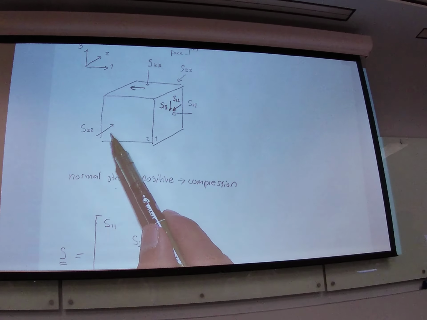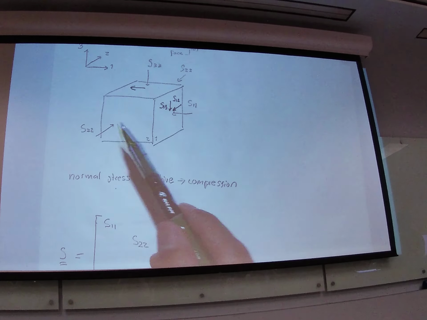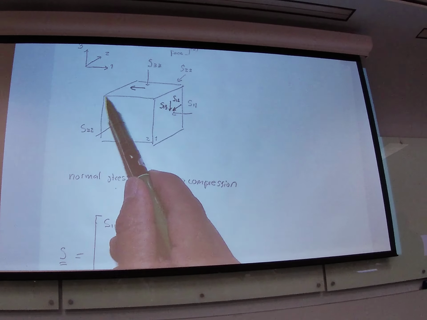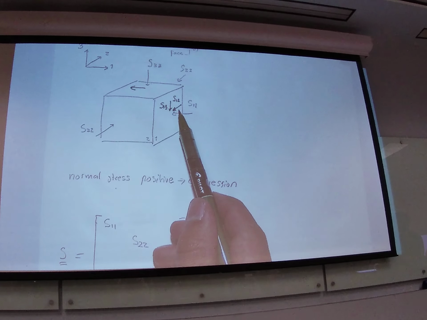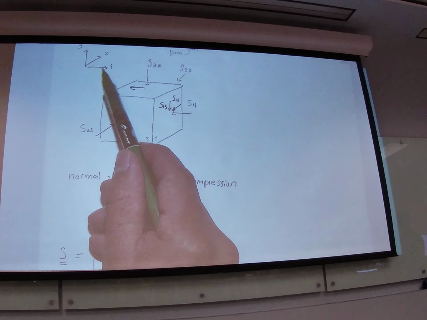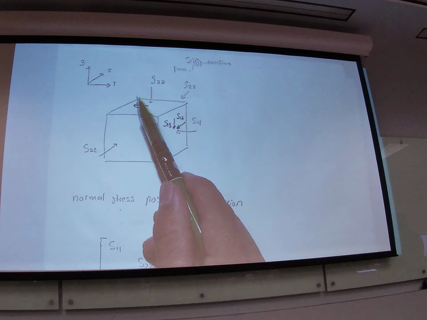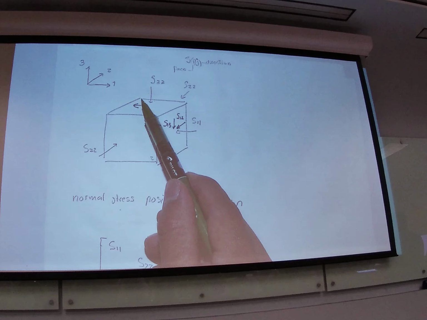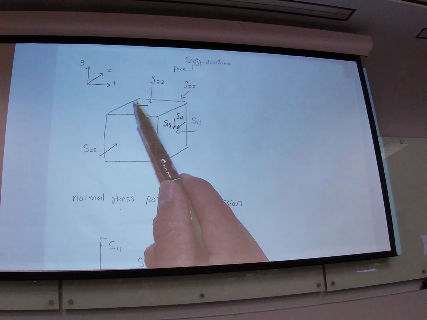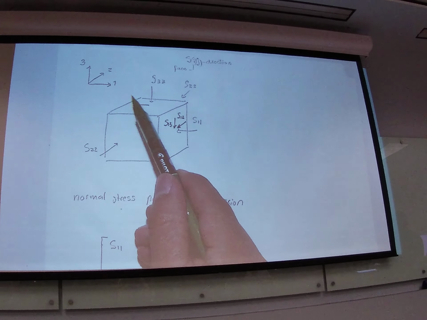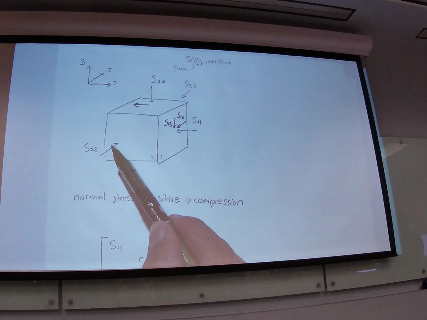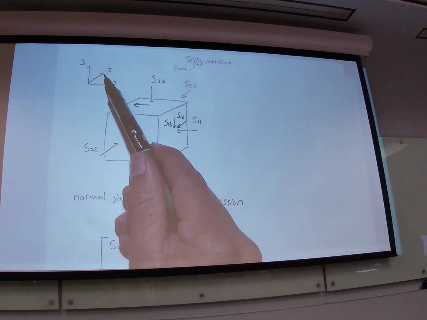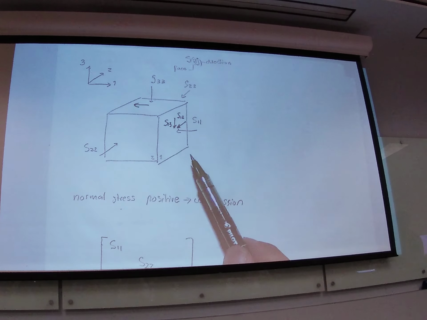This one is positive because notice, we said the rule that if you walk in positive direction and you get to the other face, the arrow should be pointing in the direction opposite to this one, right? Well, if you were to walk in negative direction from here to there, notice that this goes against this direction. You will arrive at the other face, and that arrow will be aligned with the direction of the vector because you went in the negative direction.